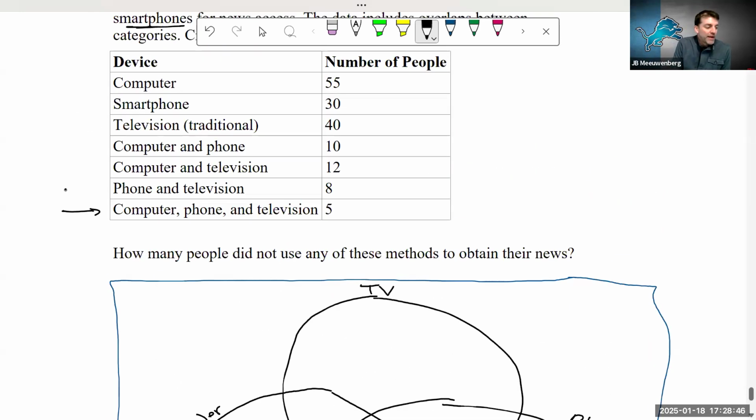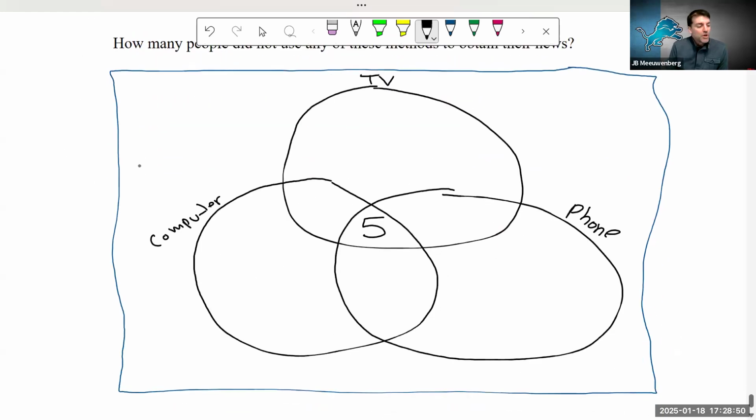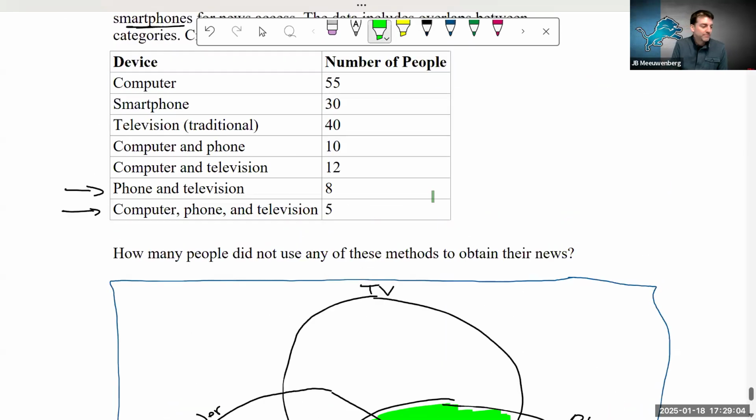Then we're going to go up, and I'm going to look at the phone and television section. So first of all, notice where that is on your Venn diagram. Phone and television would be this intersection point, right? I'll shade that in green. Phone and television. So this region has 8 people.